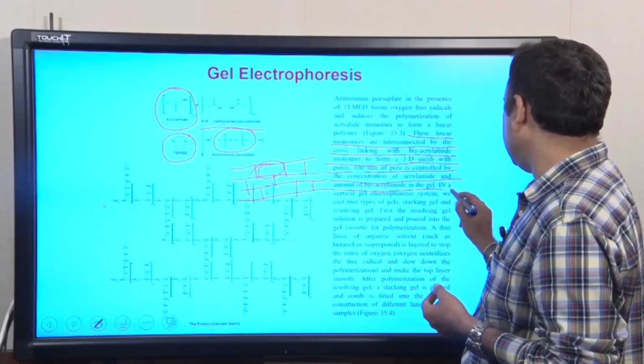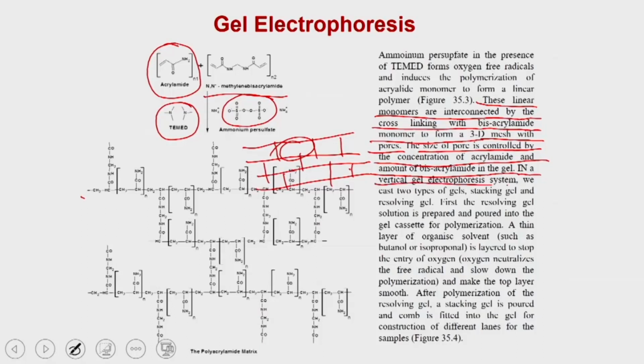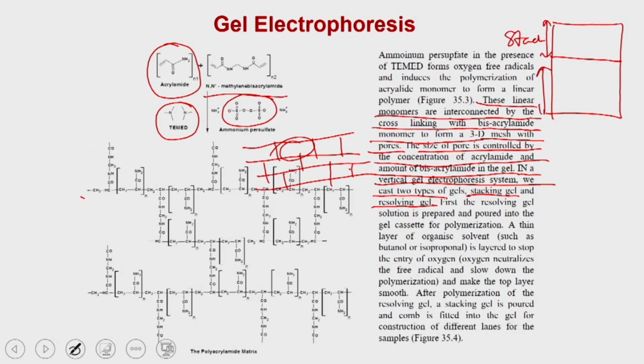In a vertical gel electrophoresis, we cast two types of gel: the stacking gel as well as the resolving gel. One is called the stacking gel and the other is called the resolving gel.